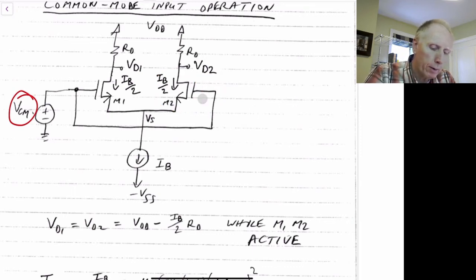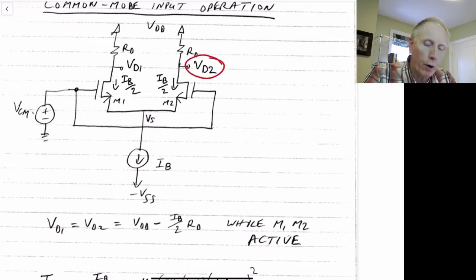So in other words, to ensure that M2 does not go into the triode region, we need to keep VD2 not less than one threshold below the gate voltage.